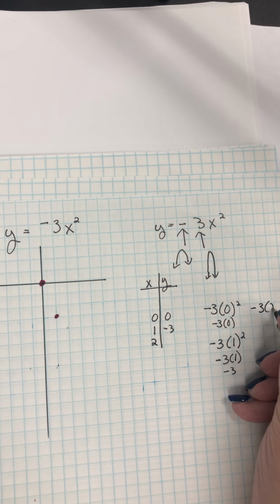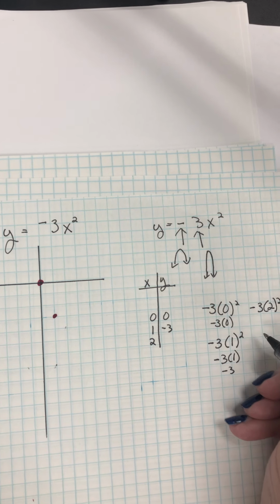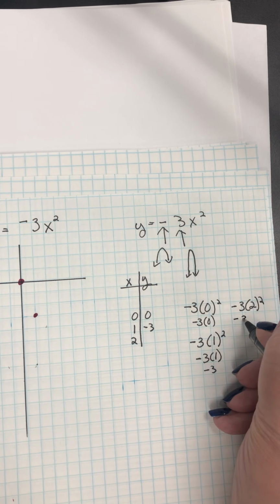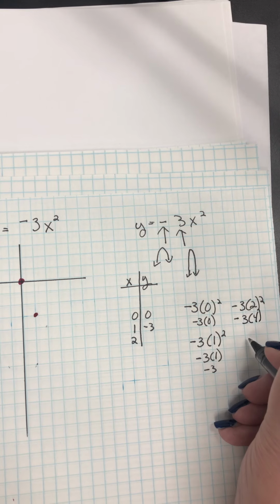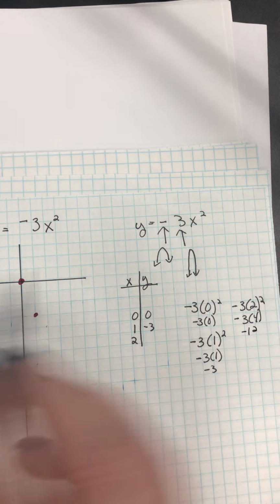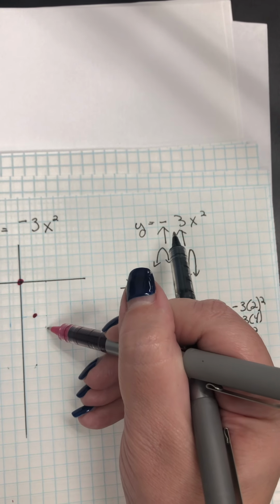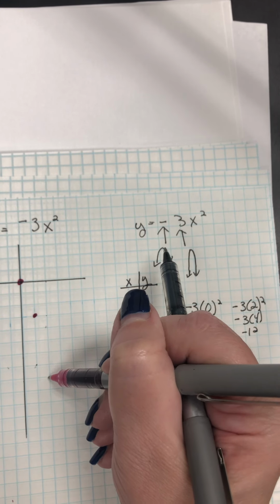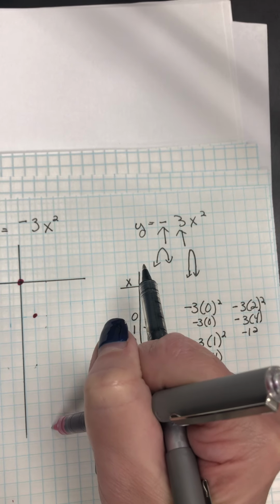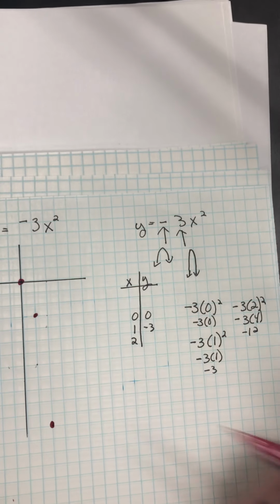Negative 3 times 2 squared, which would be negative 3 times 4, which is negative 12. So I'm going to have to go over 2, 3, 4, 5, 6, 7, 8, 9, 10, 11, 12.